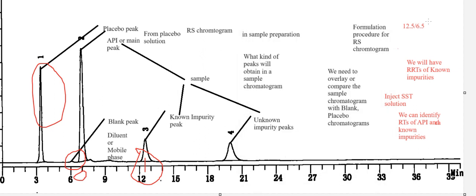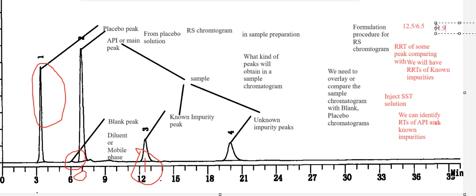So we got 1.9 as the relative retention time, RRT, of this peak when comparing with the main peak.